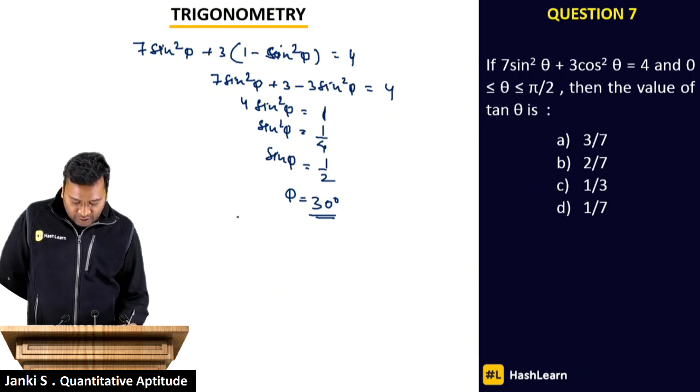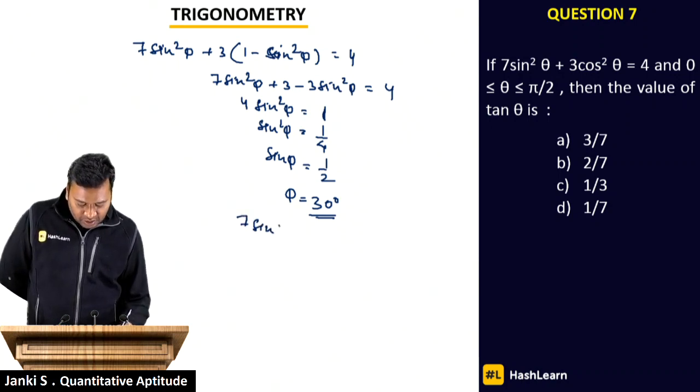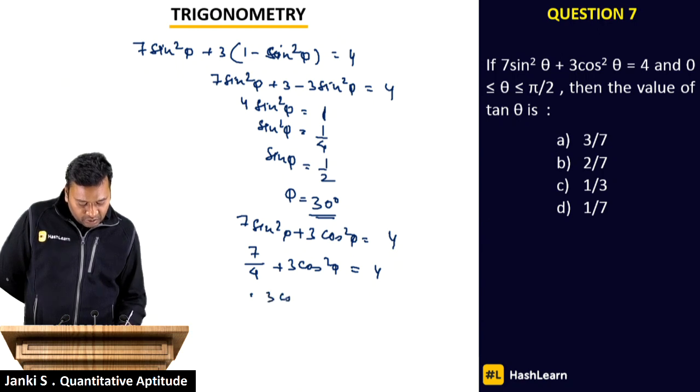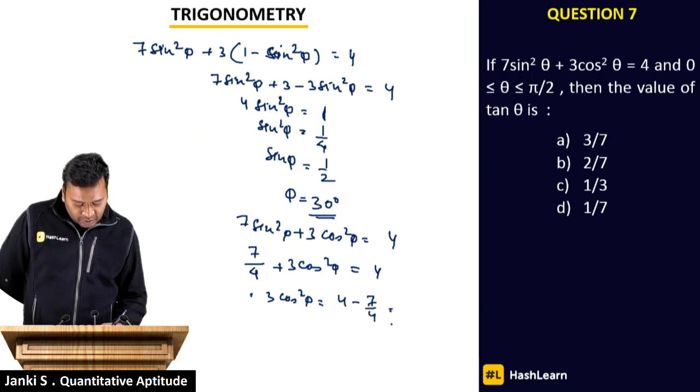So here my equation was nothing but 7 sine square theta plus 3 cos square theta is equal to 4, right? So here I'll insert the value. That's nothing but 7 by 4 plus 3 cos square theta is equal to 4. So that's nothing but 3 cos square theta is equal to 4 minus 7 by 4, so that's 16 minus 7, which is 9 by 4.